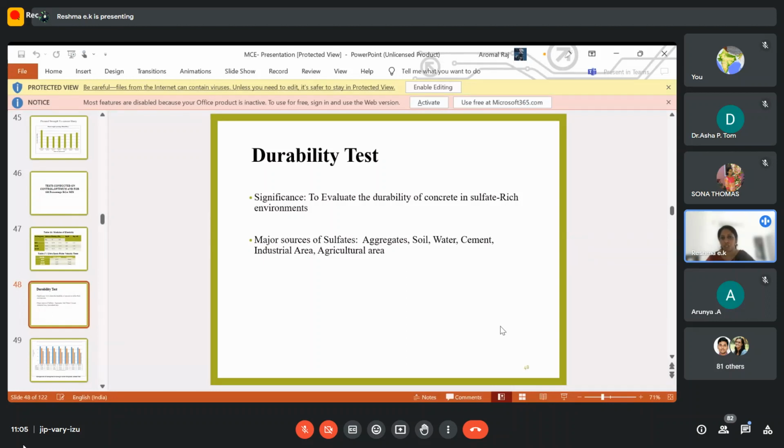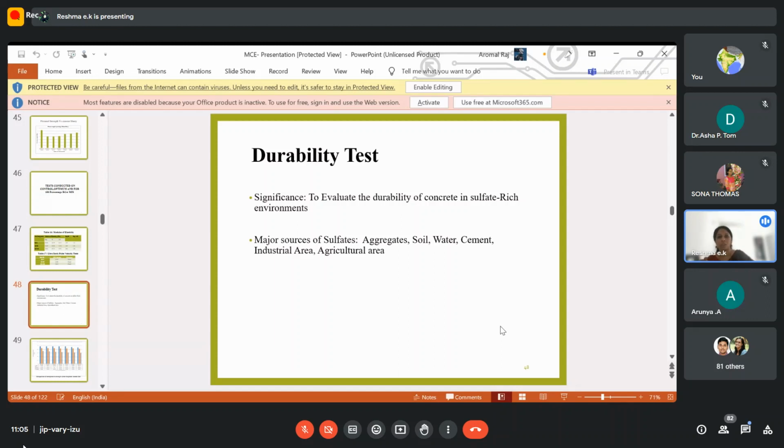That is a sulfate-rich environment. At the same time, cement and aggregates also matter. Normal aggregates do not have much sulfate, but recycled concrete aggregate has adhered mortar, which will have more sulfates, and the adhered or residual mortar is also porous in nature.